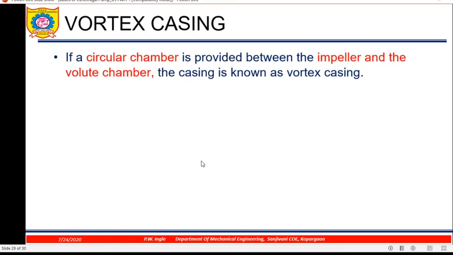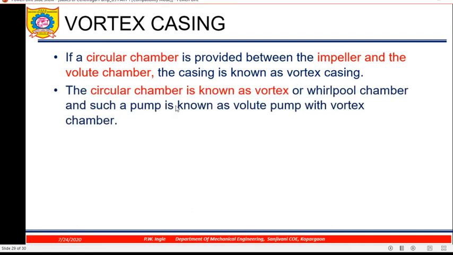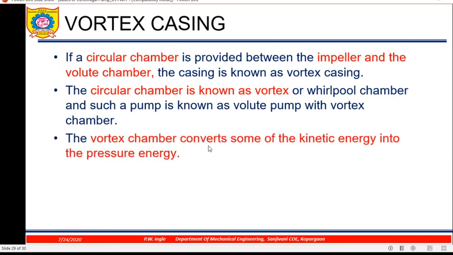Now vortex. If a circular chamber is provided between the impeller and the volute chamber, then the casing is known as vortex casing. The circular chamber is known as vortex or whirlpool chamber, and such a pump is known as volute pump with vortex chamber.